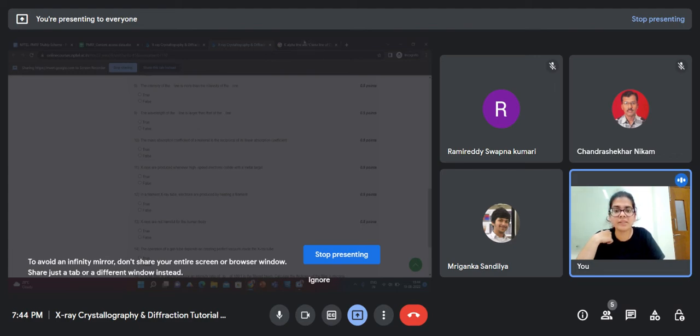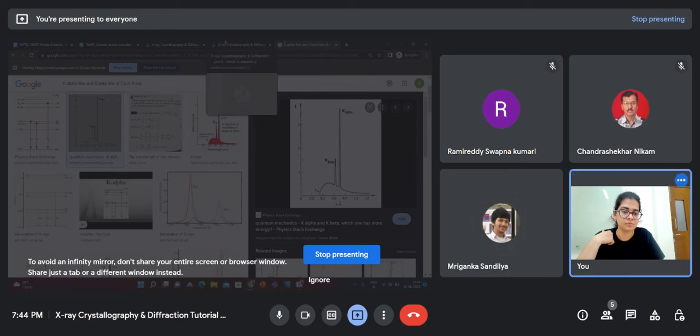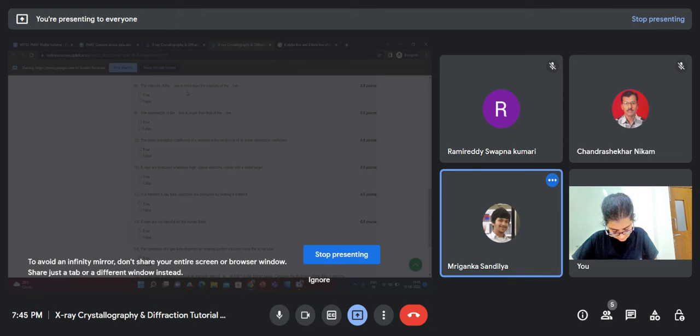And what about the second question? The ninth question is: the wavelength of the copper K beta line is larger than that of the copper K alpha line. Here K beta is first.